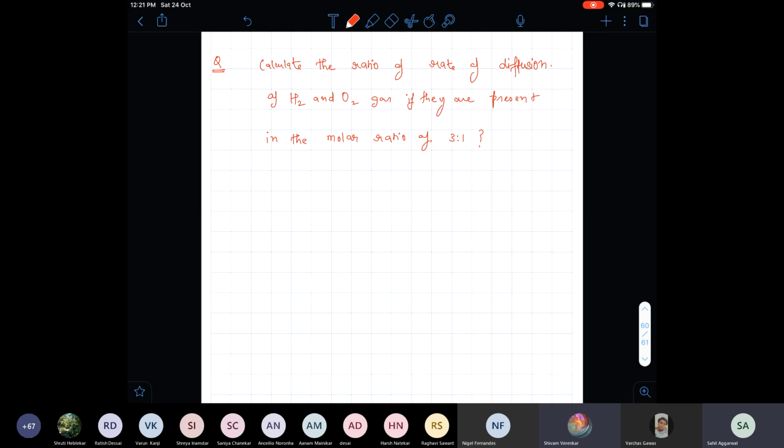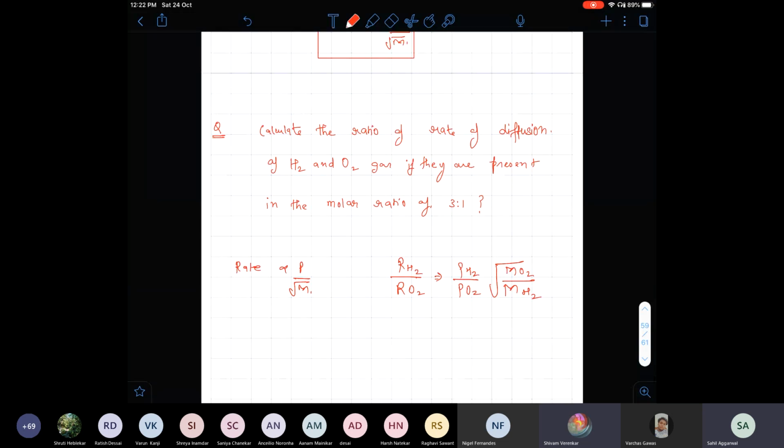Try this question then. Anyone got it? The rate is directly proportional to pressure, inversely proportional to square root of mass. That means rate of hydrogen divided by rate of oxygen will be equal to pressure of hydrogen divided by pressure of oxygen into square root of mass of oxygen divided by mass of hydrogen.